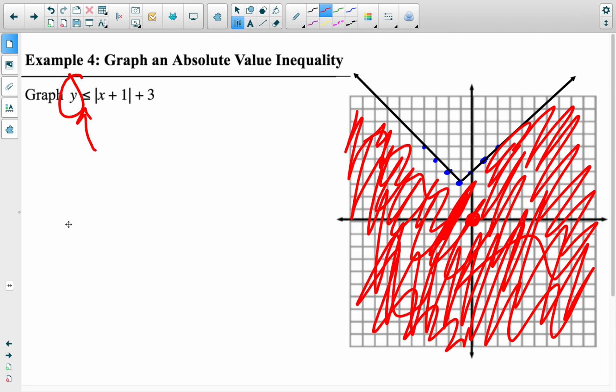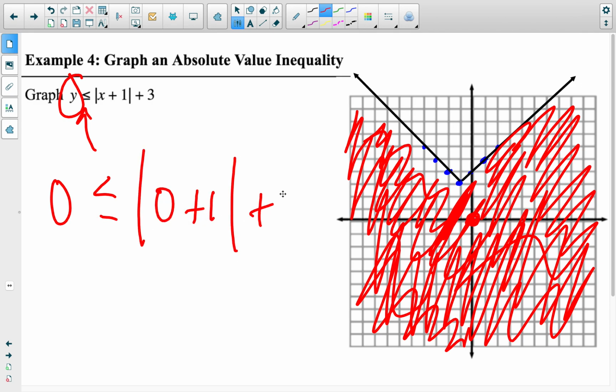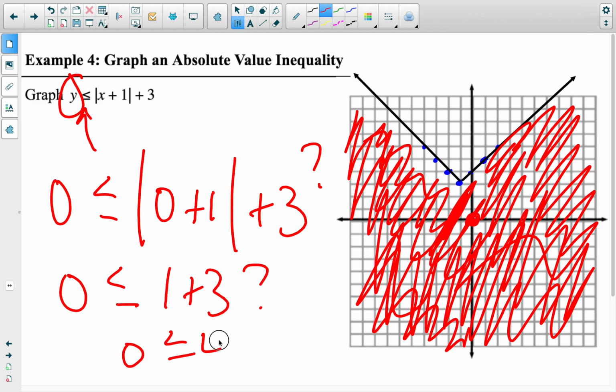So this origin 0, 0, is 0 less than or equal to the absolute value of 0 plus 1, plus 3? Is 0 less than or equal to the absolute value of 0 plus 1, which is going to give us 1? So is 0 less than or equal to 4? Yes. So we want to shade the boundary side that includes that origin point. That's all. Take a look at the practice and see how you do.